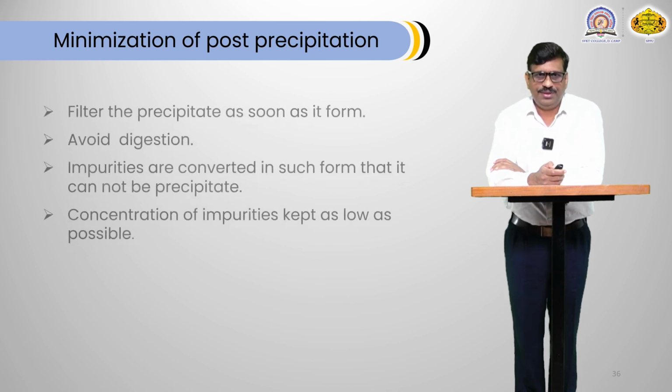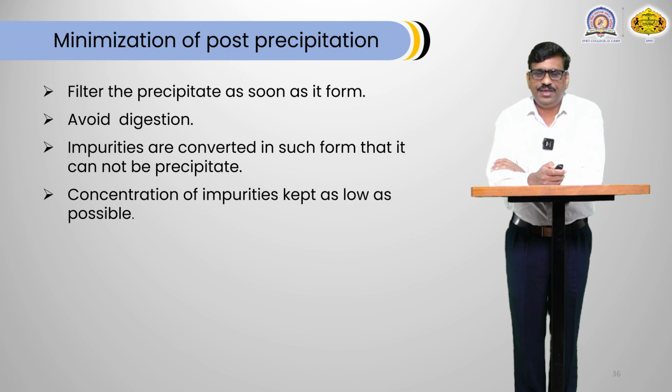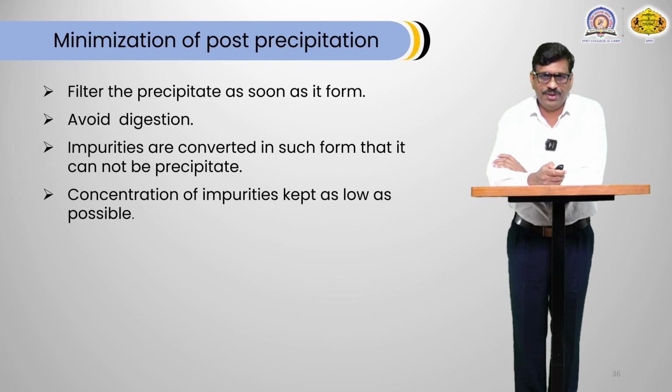Minimization of post-precipitation. Filter the precipitate as soon as possible. When the main precipitate is formed, we have to filter that precipitate as early as possible to minimize post-precipitation. Then avoid digestion. We know that digestion is the process of allowing the precipitate to stand for a long time. If that precipitate remains in contact with the mother liquor, then there is a chance of post-precipitation. Hence, we have to filter that precipitate as early as possible.